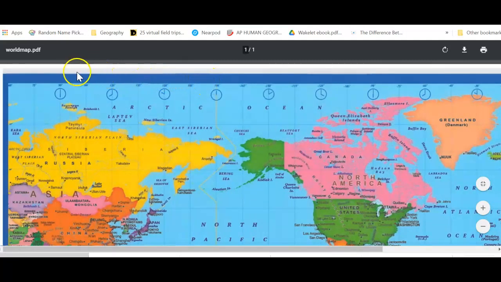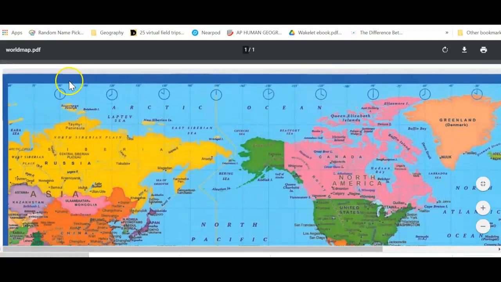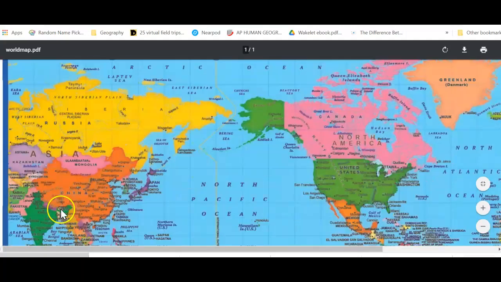So I'm looking for positive 90, and where positive 90 meets 30 degrees. So positive 90 coming down to where 30 degrees is puts me in this area right here, home to China.